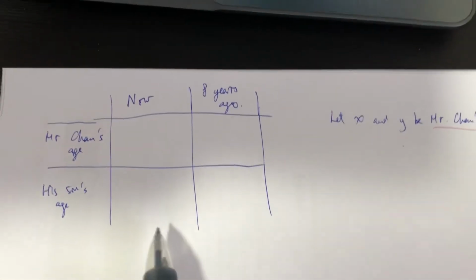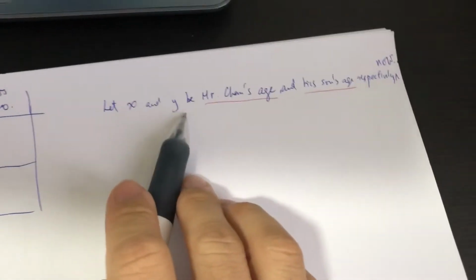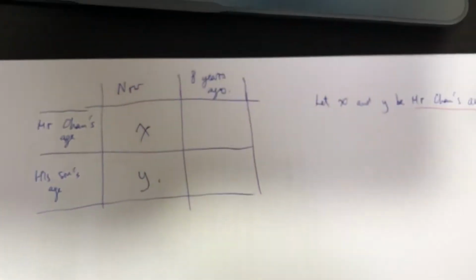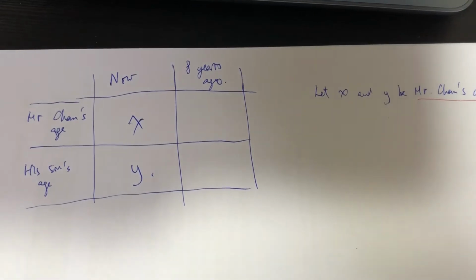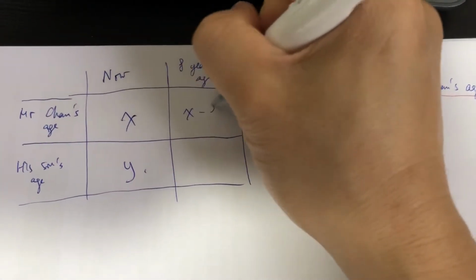So we would like to use a table to represent the age. X and Y are Mr. Chan's age and his son's age now. So we write down Mr. Chan's age now is X, his son's age now is Y. And 8 years ago, the age should be subtracted by 8.